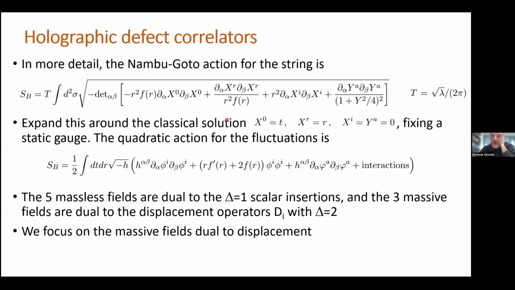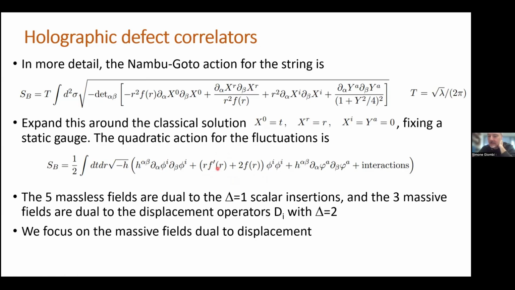Okay, so as I said before, there are five transverse coordinates on S5, which are massless and are dual to the tilt operators. And then there are three massive modes, which are dual to the displacement operators. A feature which is different from the case of the usual boxed scalars is that the mass is radius dependent here.